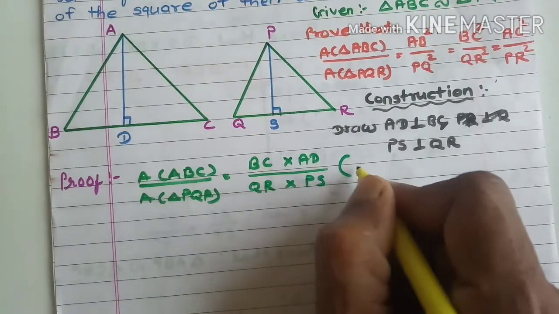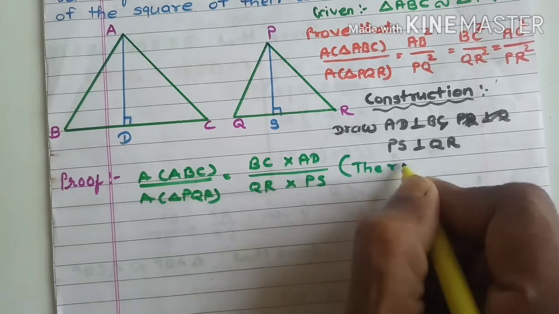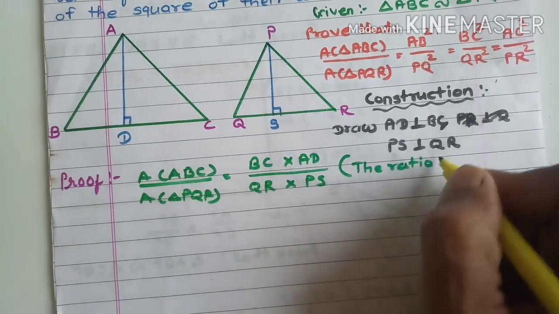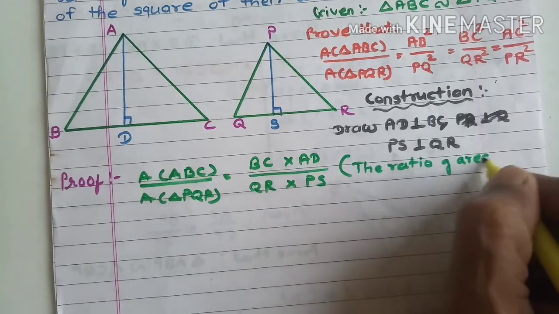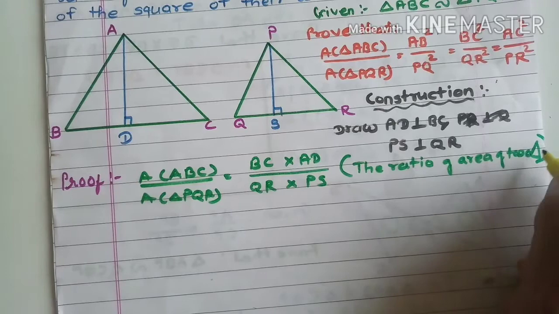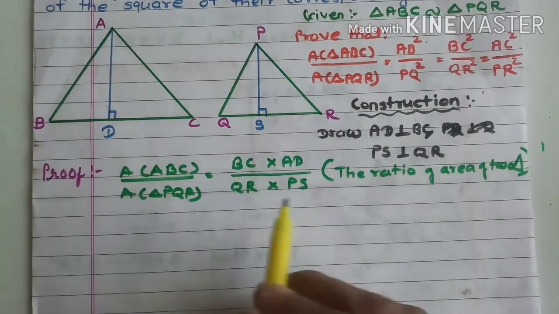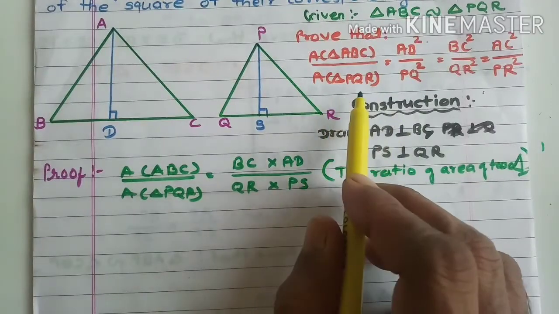It is by the ratio of areas of two triangles. Okay, now compare this statement with what we have to prove.